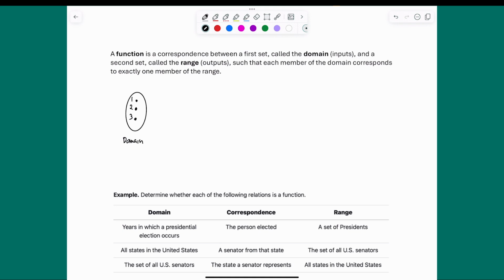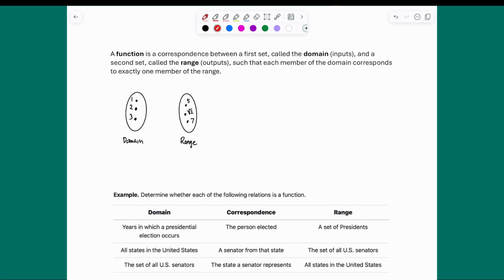And then over here to the side, we might have another set of the values, say 5, square root of 2, and 7. It doesn't matter what we call it, but the point is we have something like that, and that is the range.